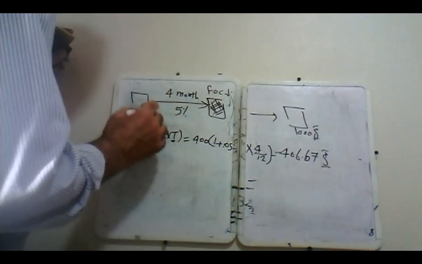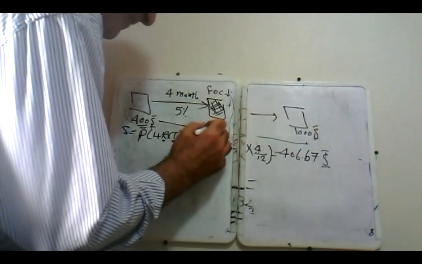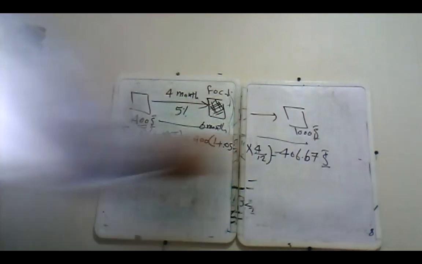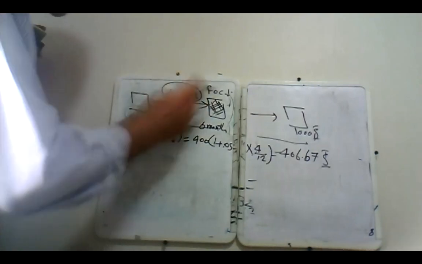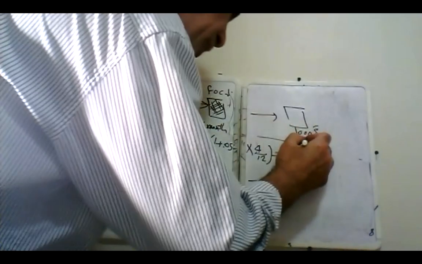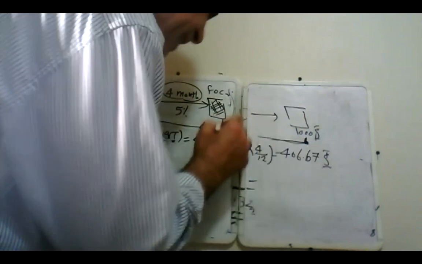Let us look at this. From here to here, those two points is 6 months. All this period of time is 6 months. Out of them, there are 4 months here. Then how long will it be from the maturity date till the focal date?